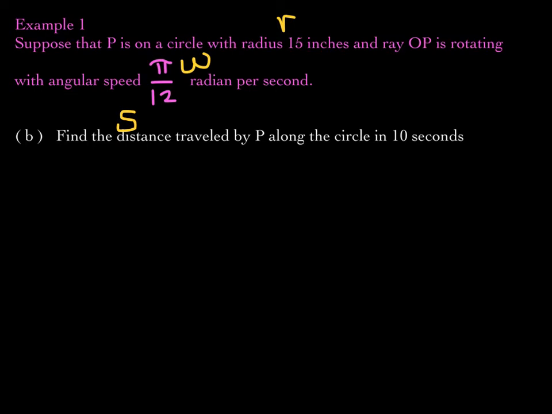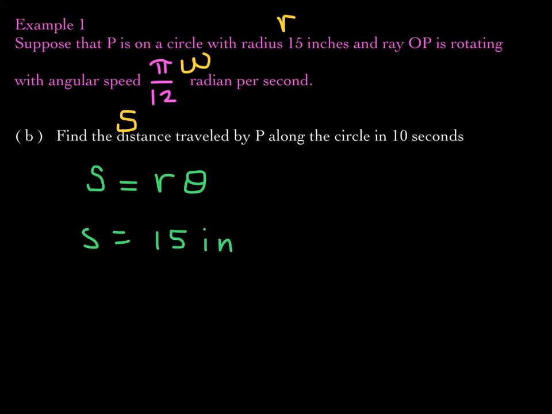The formula that we could use here is S is equal to the radius times the radian measure of angle theta. Now, we are given the radius is 15 inches.